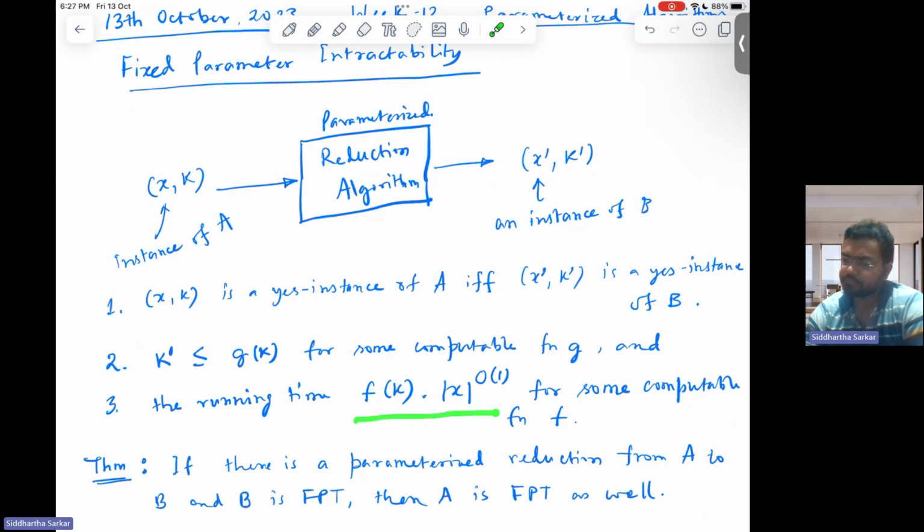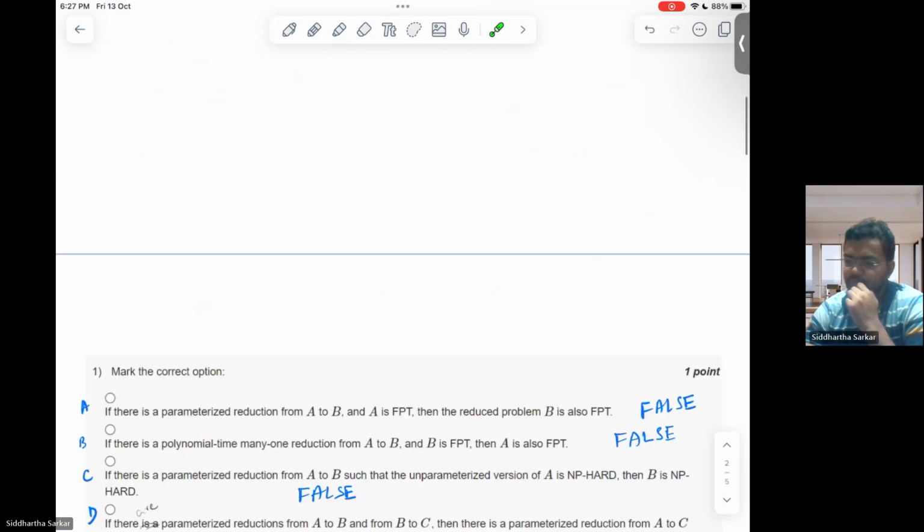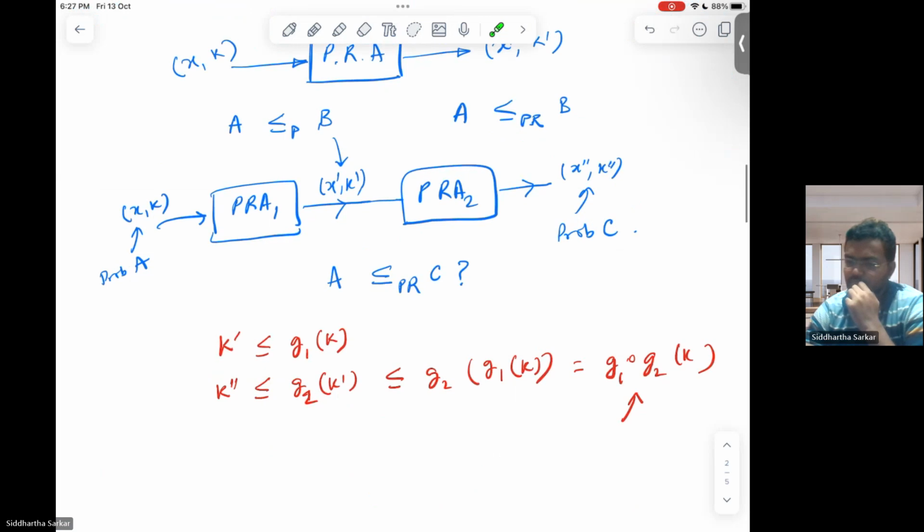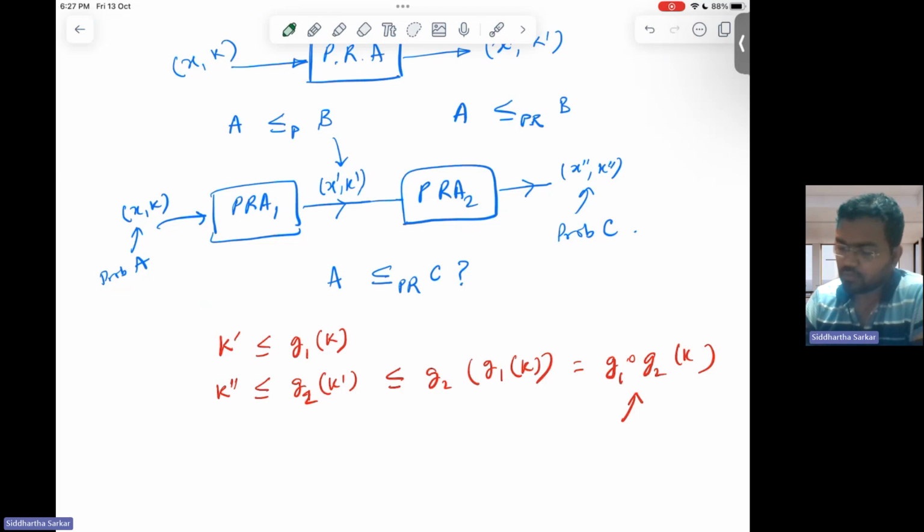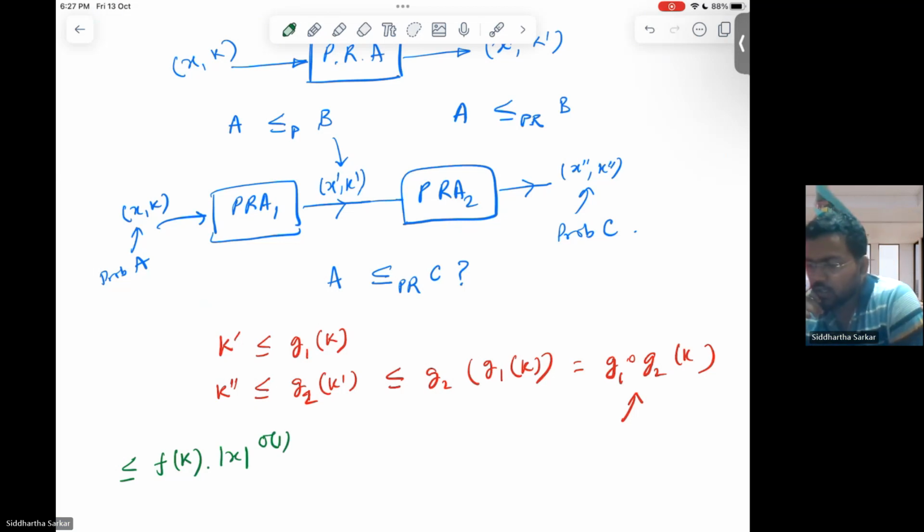Similarly, for the running time, if I write it down, the running time of the first reduction algorithm is bounded above by f of k times mod x to the power of a constant.